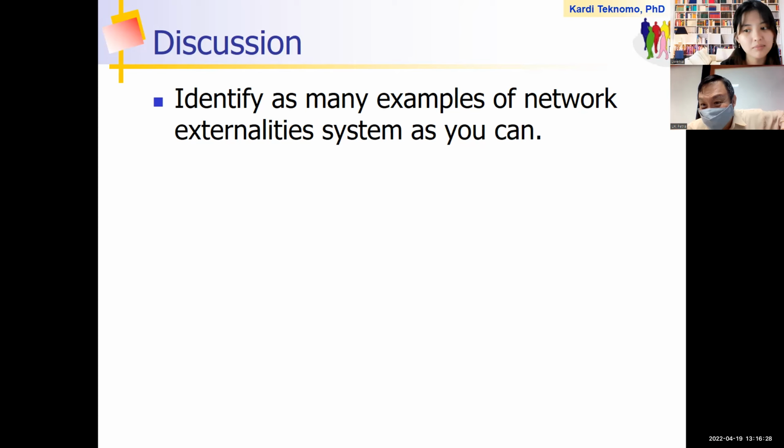Several social media, like WhatsApp and then Instagram. Okay, Instagram, WhatsApp, right? So you're using that because many people use it, right? So you use it because many people use it. So that is exactly the example of network externality, right? If nobody uses it, you will not use it.